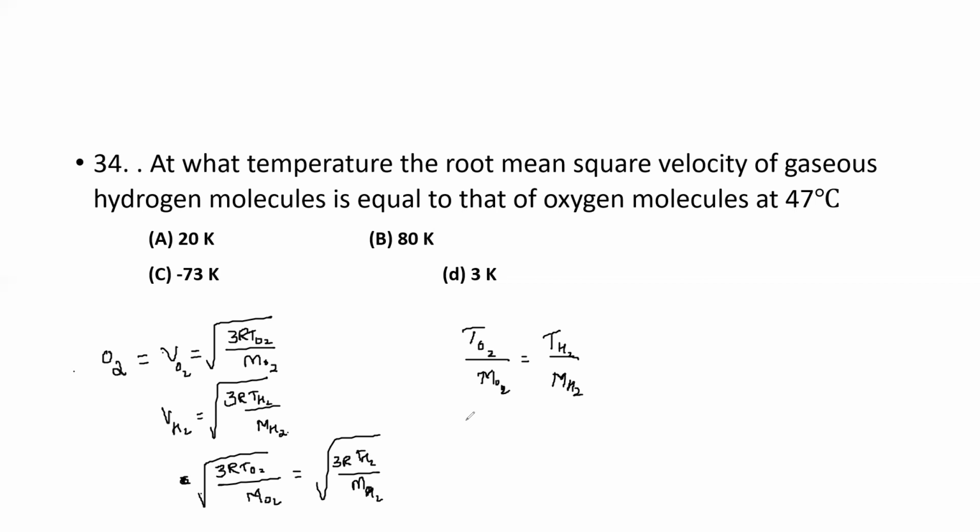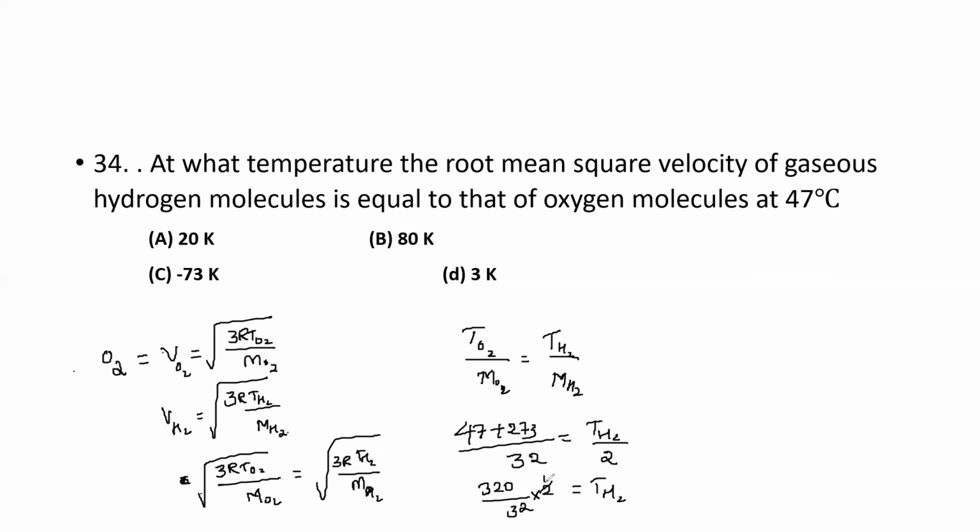For the oxygen molecule, the temperature is given as 47 degree Celsius, so take it in terms of Kelvin, which is 320, divided by the mass of oxygen, which is 32, equal to T_H2 divided by the mass of hydrogen, which is 2. Therefore, T_H2 is equal to 320 divided by 32 into 2.